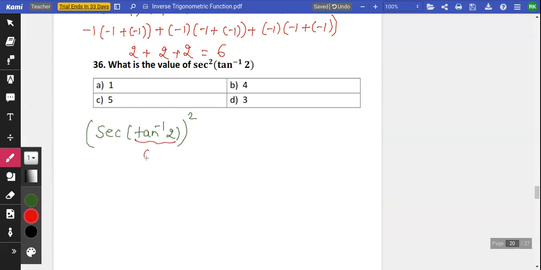Suppose tan inverse 2 is theta, so tan inverse 2 is equal to theta and tan theta becomes equal to 2. Draw a right angle triangle. Here this angle is theta. Basically tan theta is perpendicular upon base. Perpendicular is 2 and base is 1, and according to Pythagoras theorem hypotenuse is square root of 5.